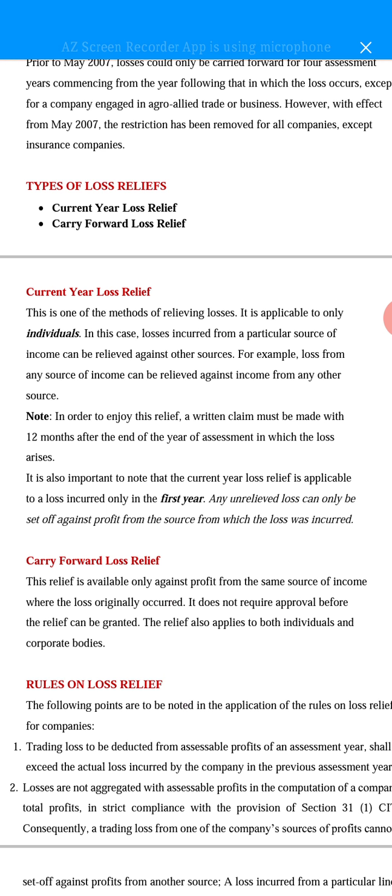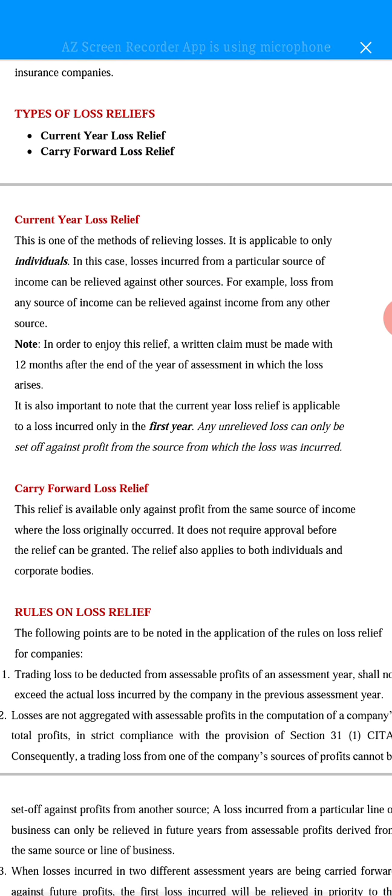Note, in order to enjoy this relief, a written claim must be made within 12 months after the end of the assessment year in which the losses arose. It is important to note also that current year loss relief is applicable to a loss incurred only in the first year.